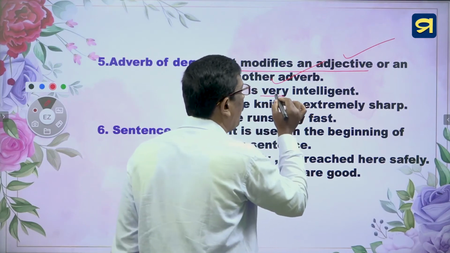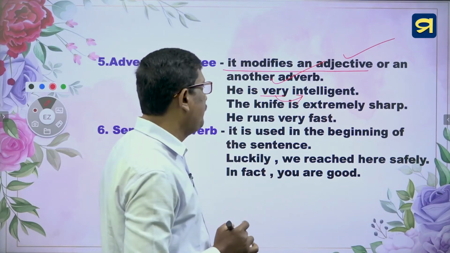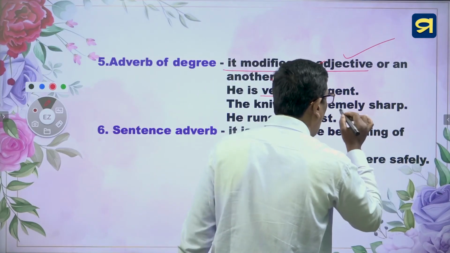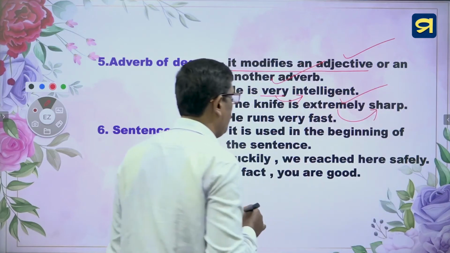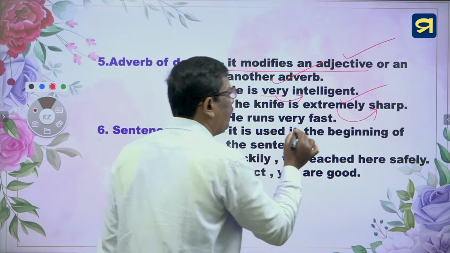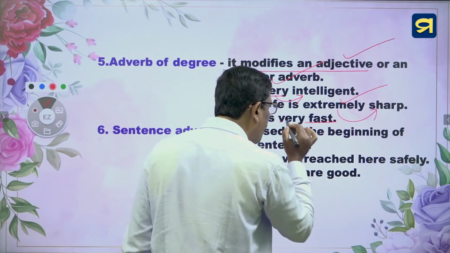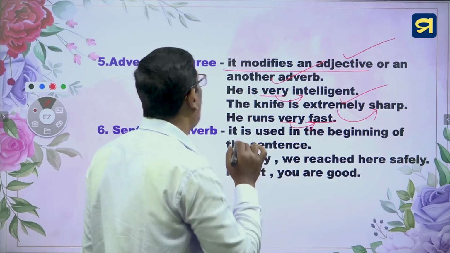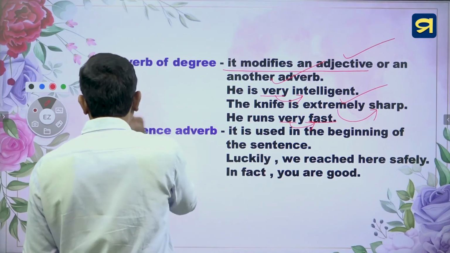Here very modifies the adjective intelligent. The knife is extremely sharp. Here extremely modifies sharp. That's why it is an adverb. He runs very fast. Here you mark it exactly. Here very modifies fast. That's why these are called adverbs of degree. The last one, sentence adverb.